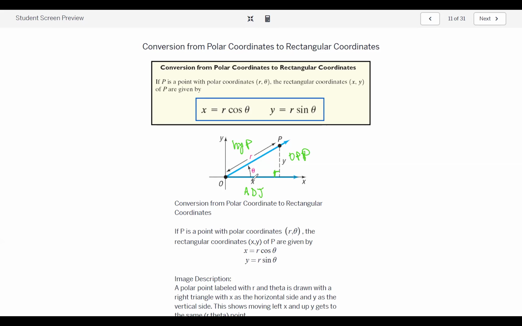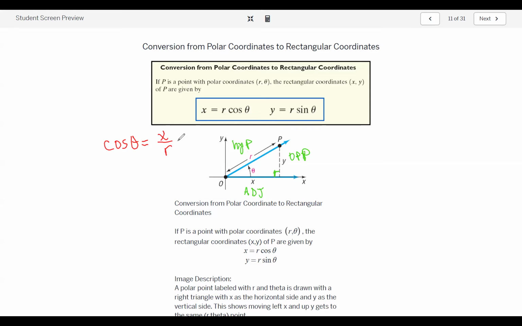So if I want an expression that relates x with r and theta, then I want to pick the trig function that deals with adjacent and hypotenuse. And that trig function is cosine. So the cosine of theta is x over r.